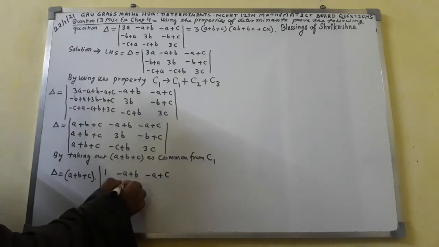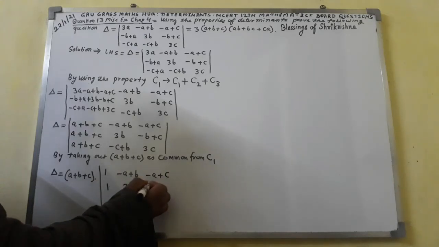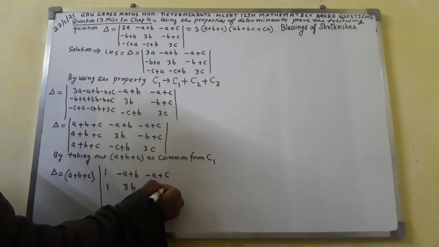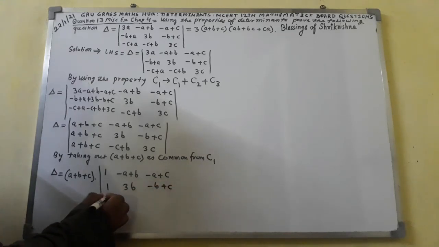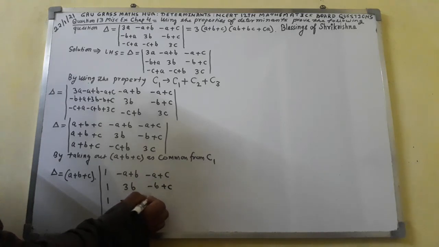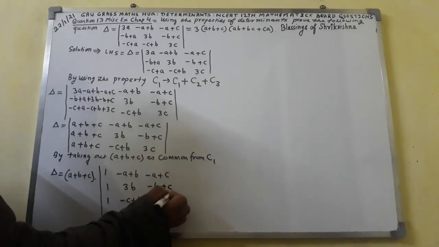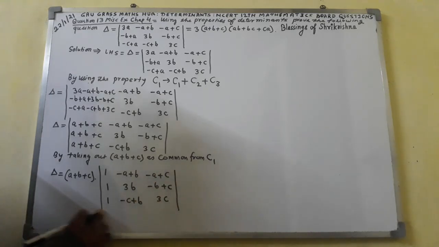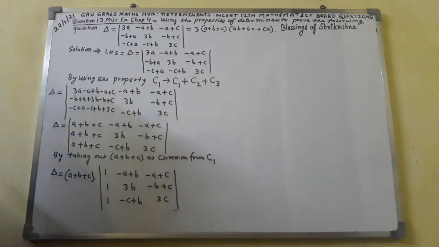Here we will get 1, 3b, minus b plus c. Here we will get 1, minus c plus b, 3c. This thing you will get.